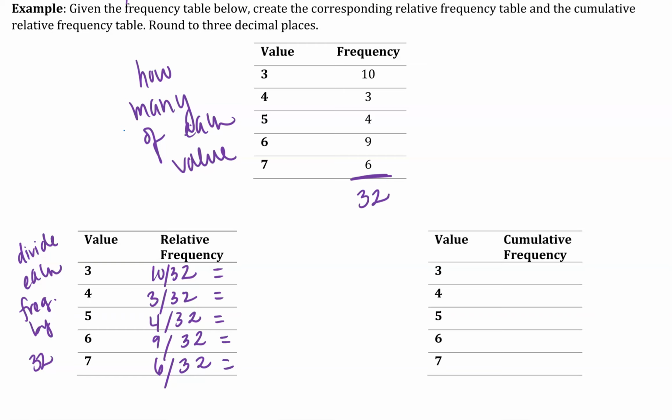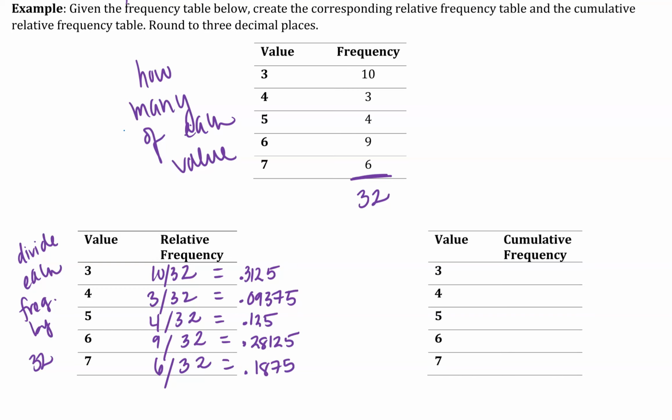Okay, and then we will just see what numbers we get here, and I'm not going to round because it will keep them exact that way. So we get 0.3125, 0.09375, 0.125, 0.28125, and 0.1875. So we have the relative frequency for each value.